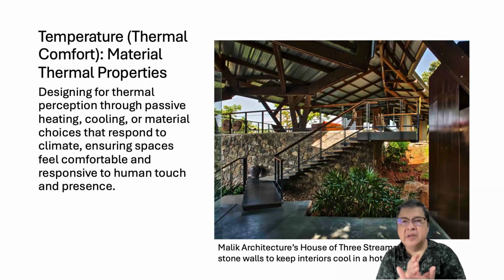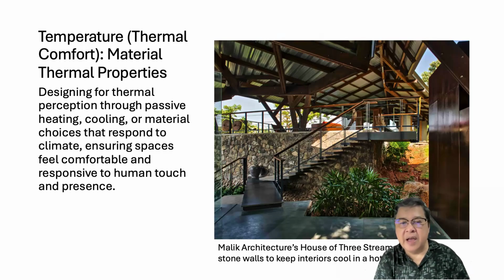This leads into designing for thermal perception through passive heating or cooling or material choices that respond to climate, ensuring spaces feel comfortable and responsive to human touch and presence.